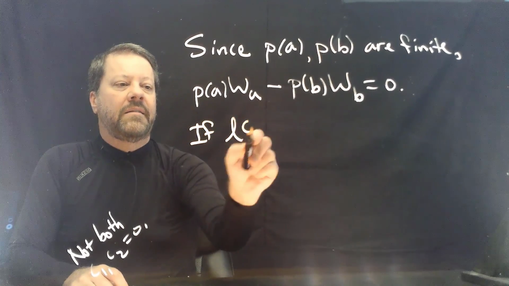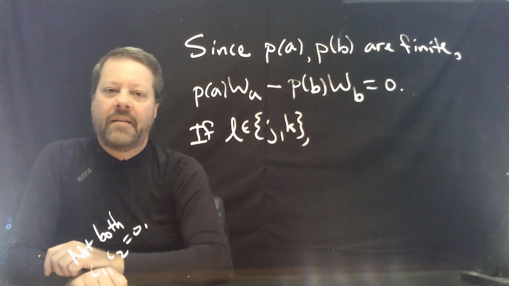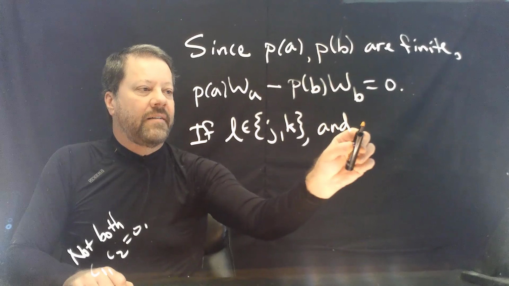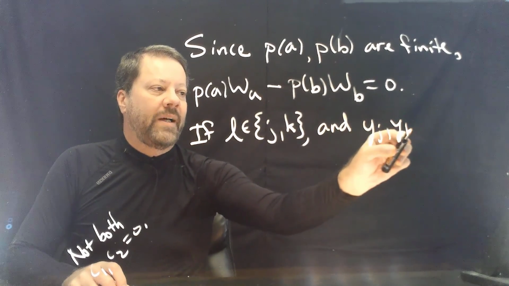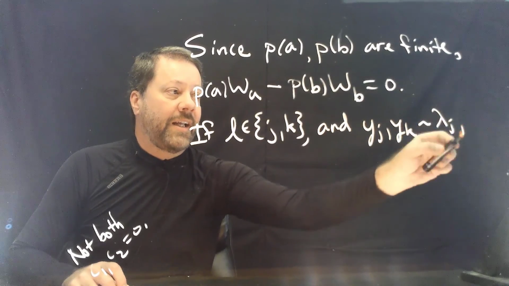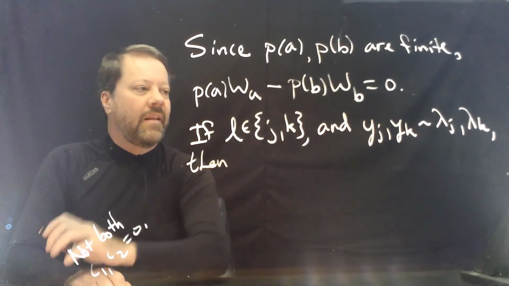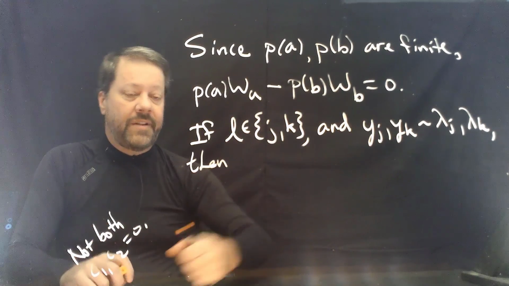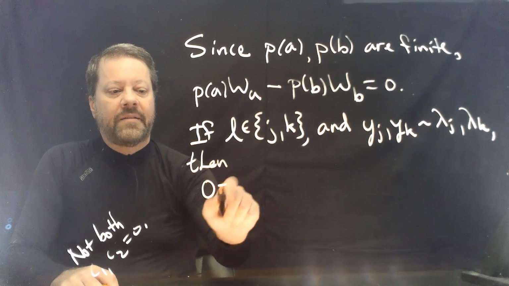If L is one of j or k, and yj, yk correspond to lambda j and lambda k, then we have the following. Plugging these into the Sturm-Liouville problem, we have to get a true statement.